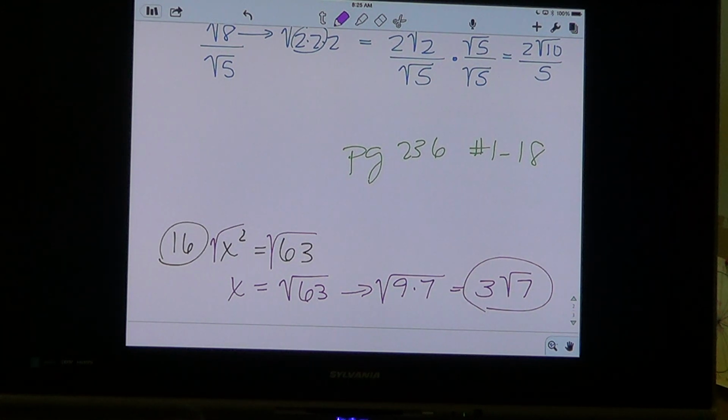If you type it in your calculator, yes, you're gonna get a decimal. But you're supposed to leave it in simplest radical form. I'm glad you're so excited about this. Alright, were there any other questions?